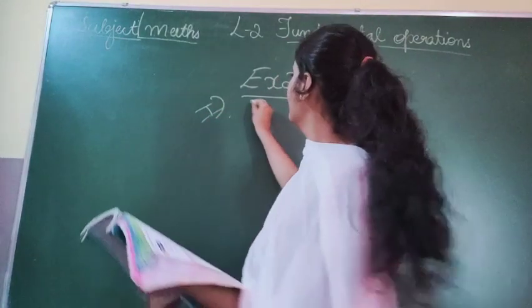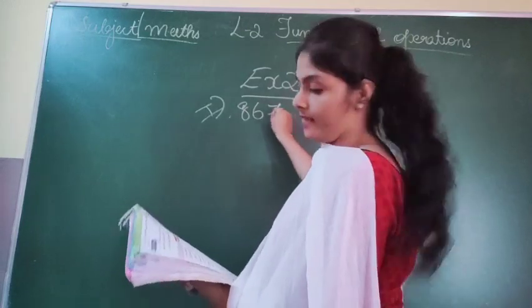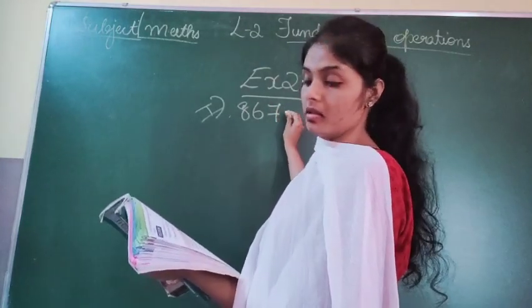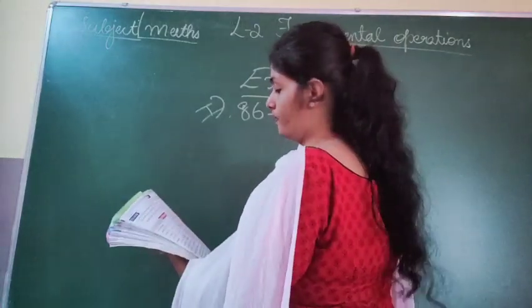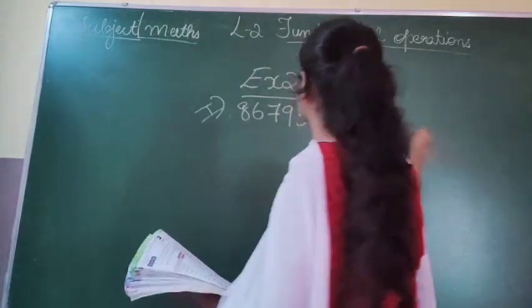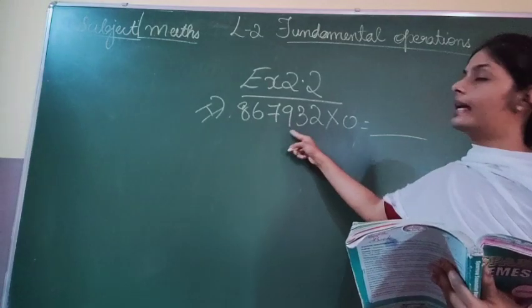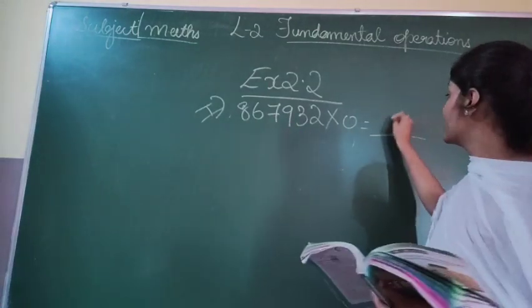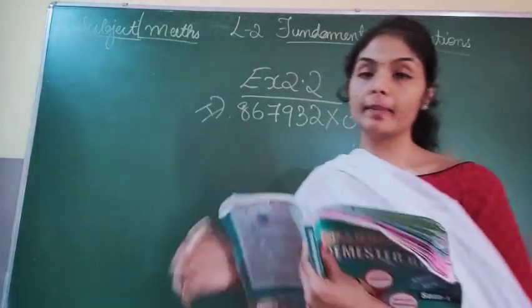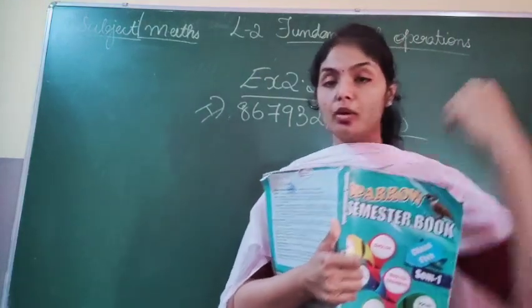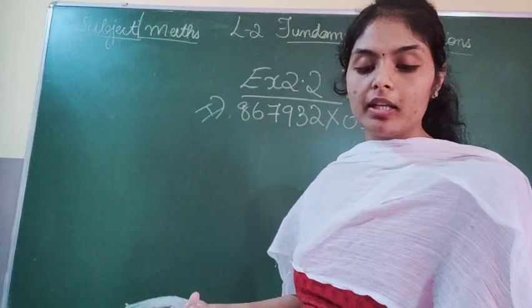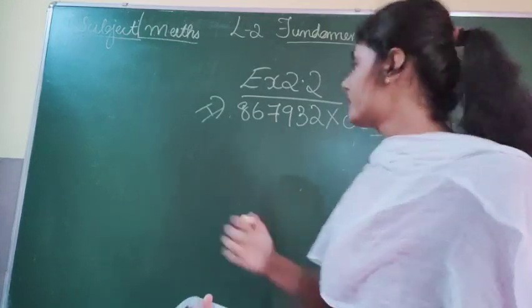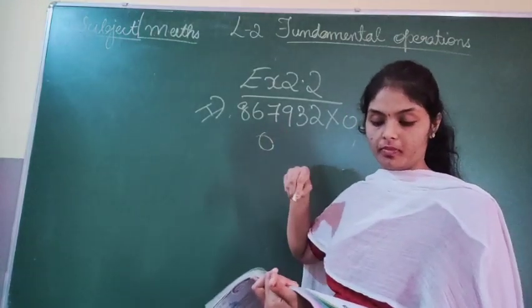First one you have 867 932 into 0 is equal to how much? 867 932 into 0 is 0. Any number multiplying with 0 is always 0. Understood? Now, second one. 4834 into 0 is 0.